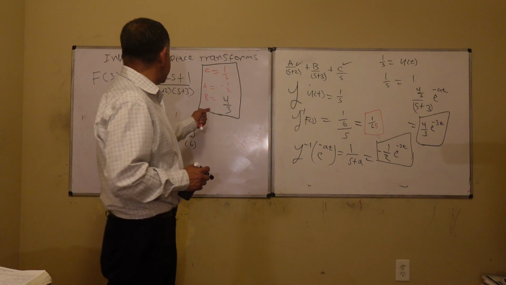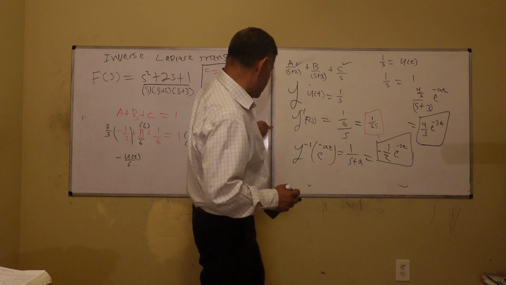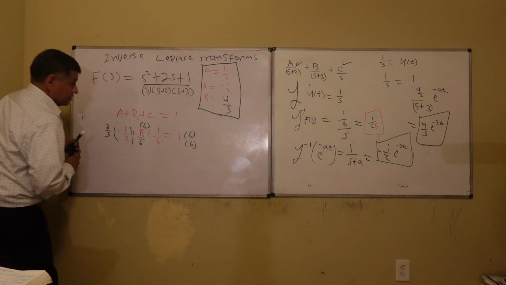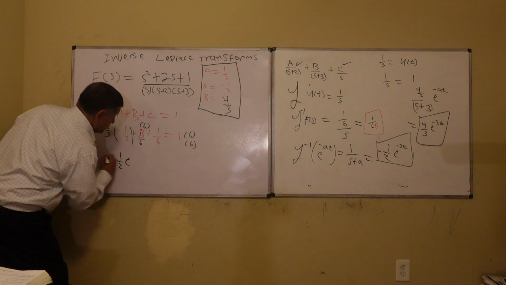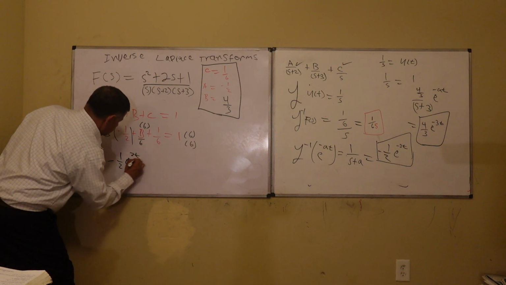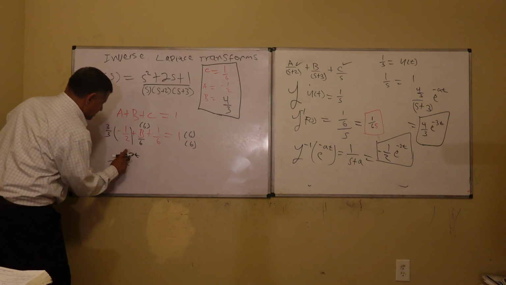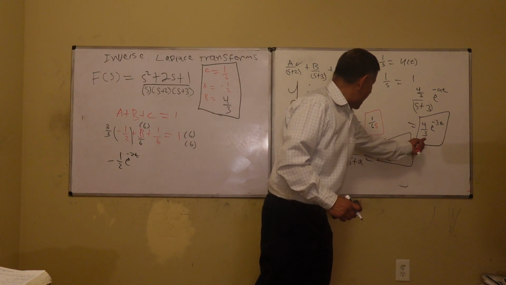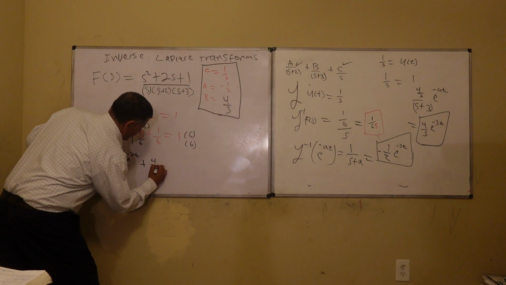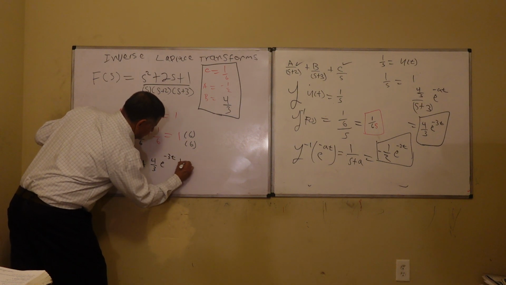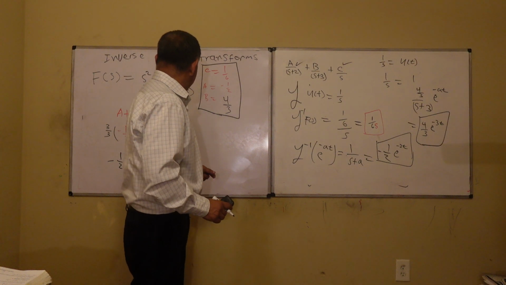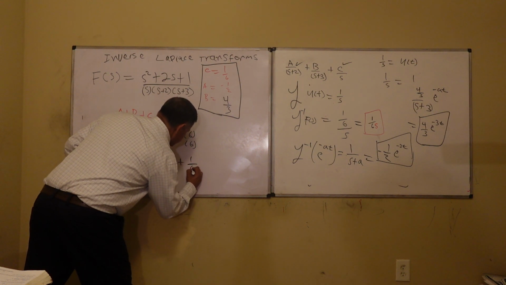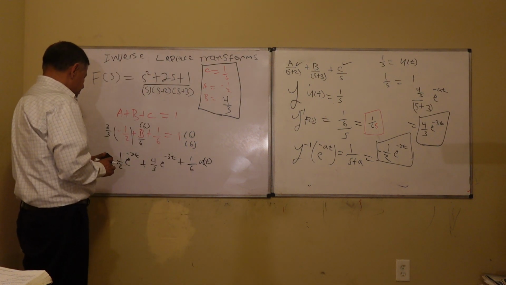Okay, so a is a half. So this was the C, this was the A. So it's negative 1/2 e to the negative 2t, and then I have b, plus 4/3 e to the negative 3t, plus, according to the table, that 1/6 is positive, so 1/6 u of t. And that should be the answer.